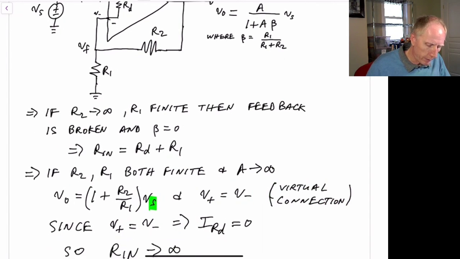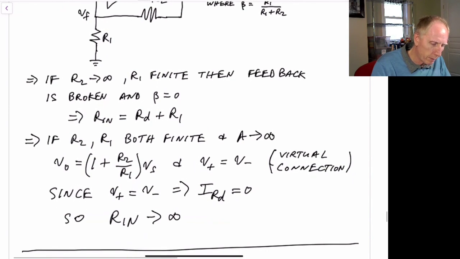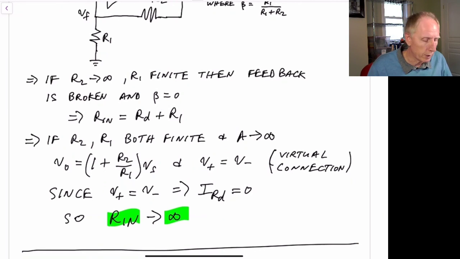Then the current through that resistor here will be 0, because there's no voltage across it as the gain of the amplifier goes to infinity. That means that if we look at the input impedance, R in must be going to infinity, because the input impedance is just the input voltage divided by the current. The current has gone to 0, so the input impedance has gone to infinity.